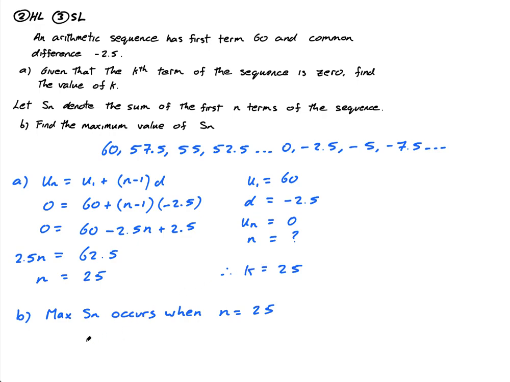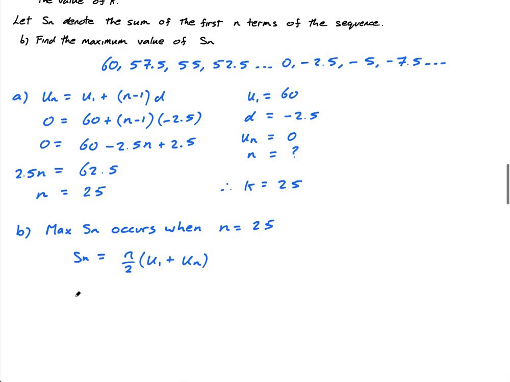So S of n is equal to, now you can use either of the formulae. You could use S of n is equal to n over 2 times (u1 plus un).